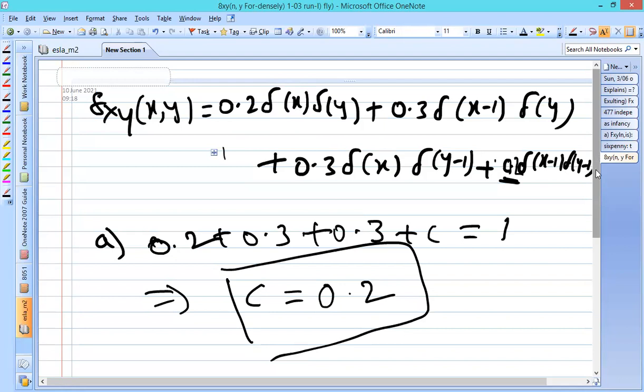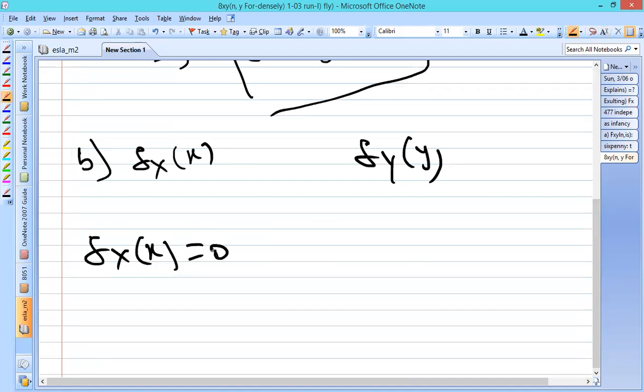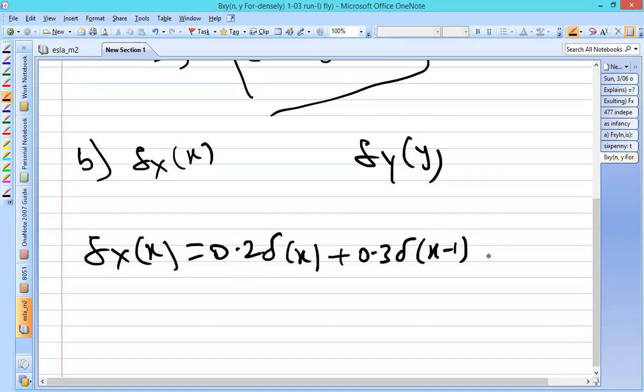Having this, you can write fx of x with only the delta function consisting of x. Delta of y minus y, you can make it 1 and leave it. So 0.2 delta of x, the next term is 0.3 delta of x minus 1, plus what is the next term? 0.2 is done, 0.3 is done, next 0.3 delta of x is there, right?